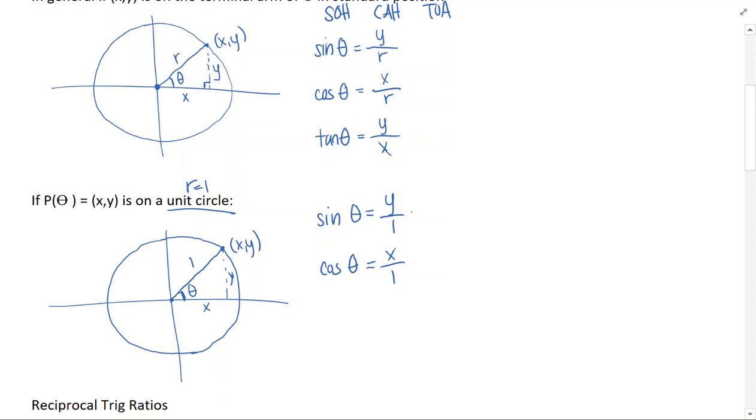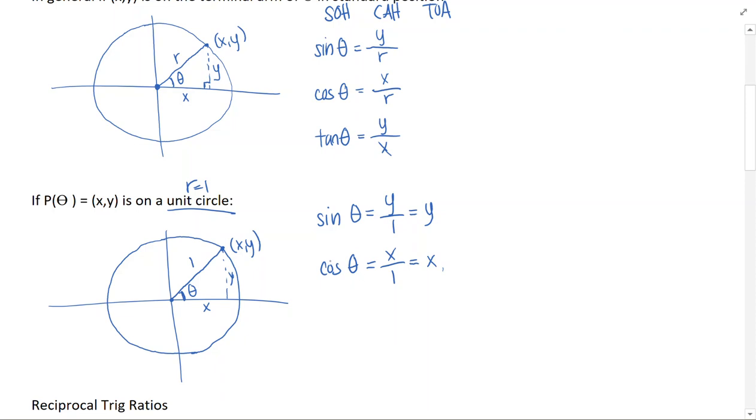Since it's just over 1, we can simplify that to y and x. We see that y and x are the coordinates of the point on the circle, but y is also equivalent to sine theta, and x is equivalent to cosine theta.